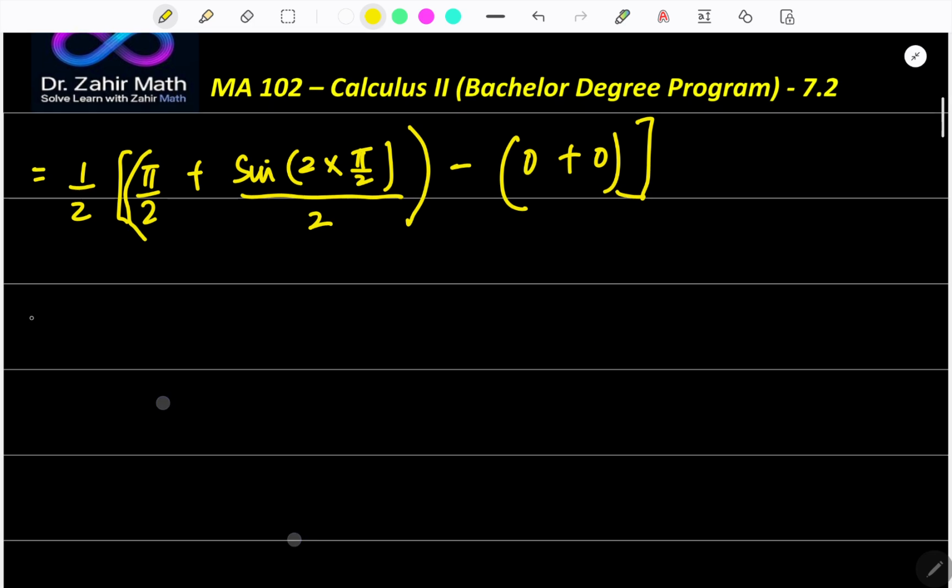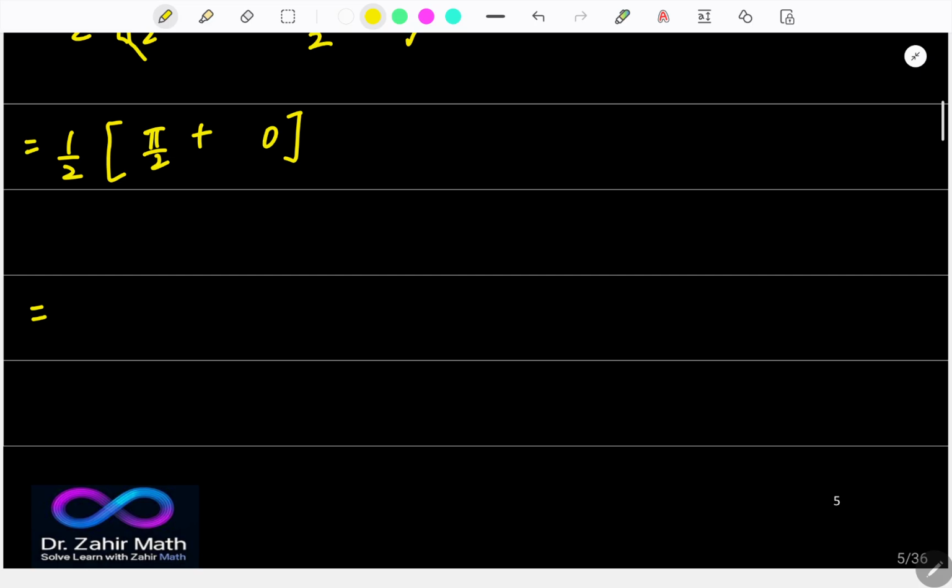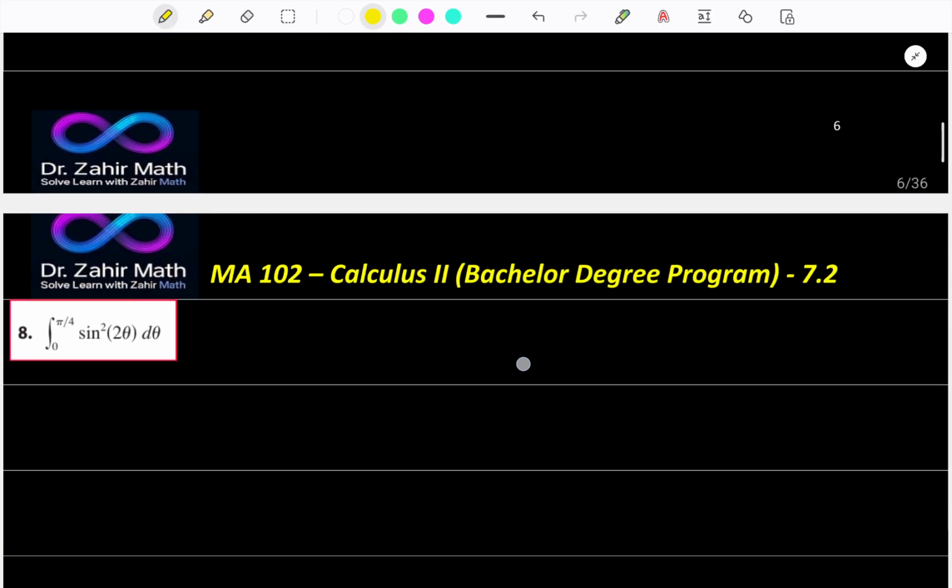Keep in your mind. So this equals 1 by 2 bracket open, pi by 2 plus, this 2 gets cancelled, sine pi. Of course sine pi is equal to 0. So this equals 1 by 2 multiplied by pi by 2, which is pi by 4. Clear? Right.